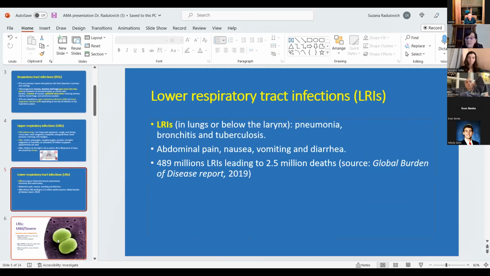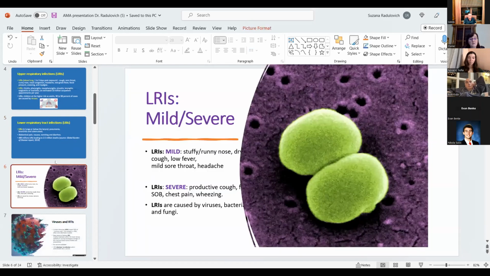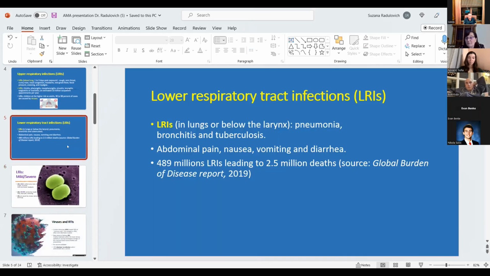Now, in contrast to upper respiratory infection, we talk about lower respiratory infection, which is below the lung. We are mostly worried about this more than upper respiratory infection. You are familiar with pneumonia, bronchitis, and tuberculosis. Interestingly, cases of tuberculosis in the United States were decreasing from 1992.